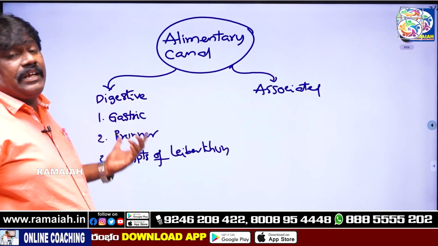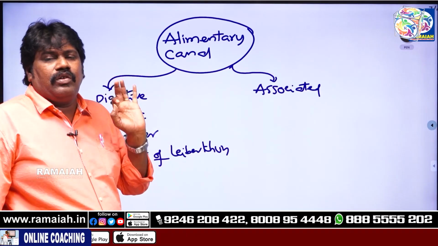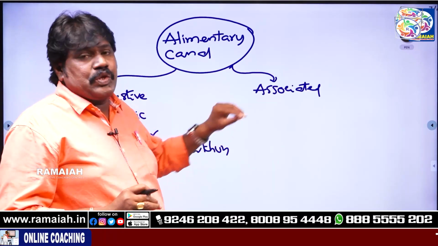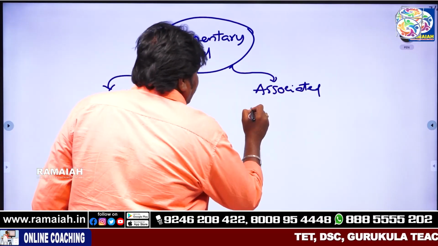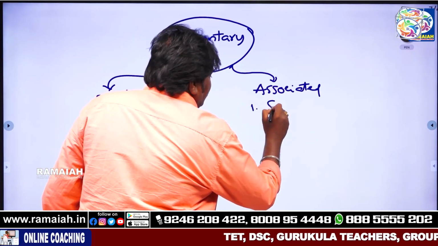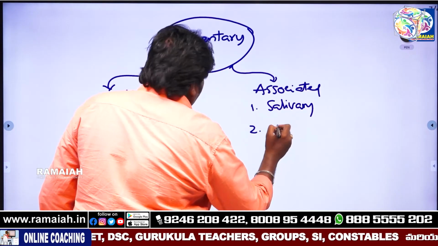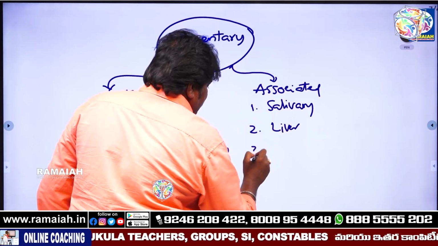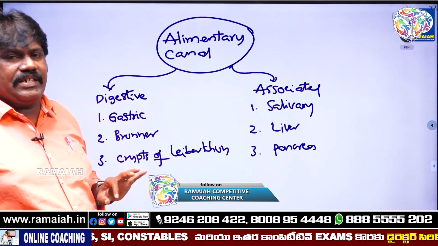These are the digestive glands inside the alimentary canal. The glands associated with the alimentary canal are also three: first one is salivary glands, second one is liver, third one is pancreas. These are the associated glands.